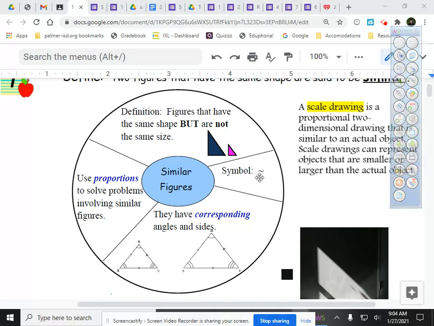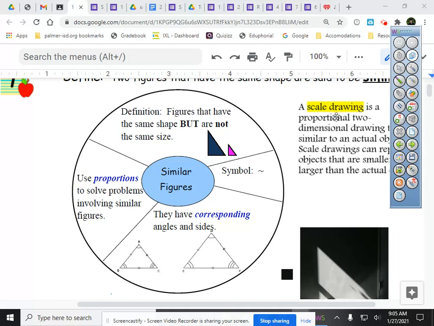The symbol for similar is that little squiggly thing right there. They have corresponding angles. That means this angle is the exact same as this angle. Then you use proportions to solve problems involving similar figures. Do you know how to solve a proportion? Good. We're also going to touch on scale a little bit today.